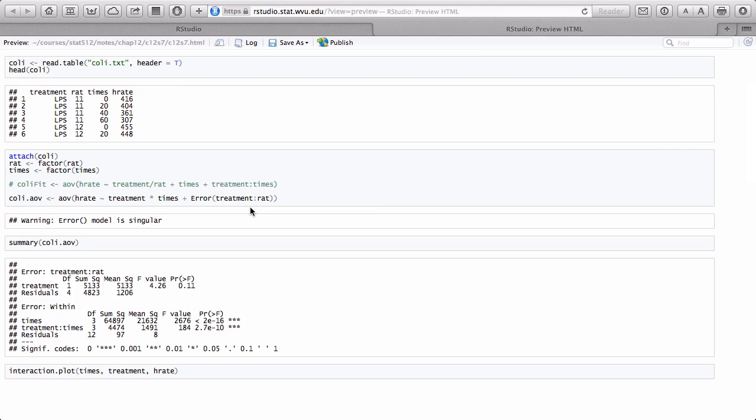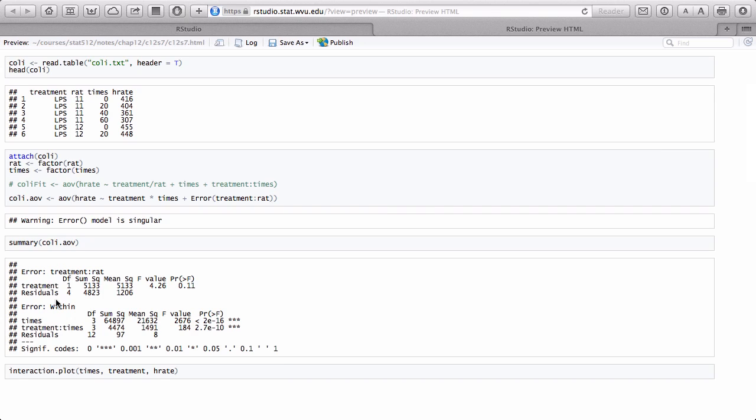Now, what that's going to do is break this up, and I'm going to have treatment of 1 degree of freedom. Remember, there are only 2 treatments, so A minus 1 is 1. And then I'm nesting rats within treatment. And so you're going to have A times B minus 1, or the number of rats minus 1. And if 3 rats, it'll be 2 times 2 or 4.